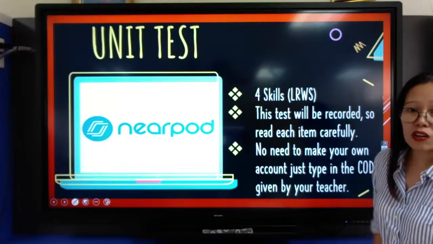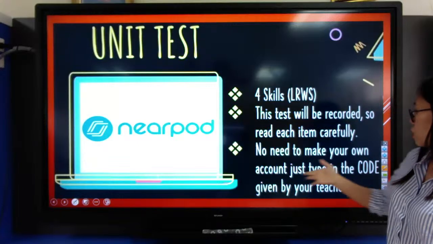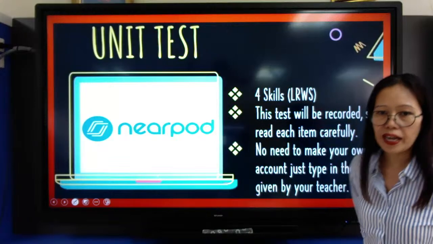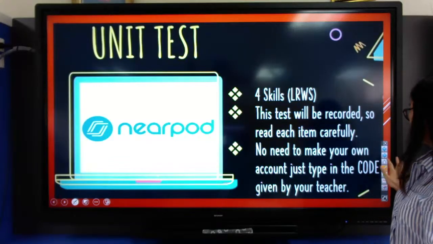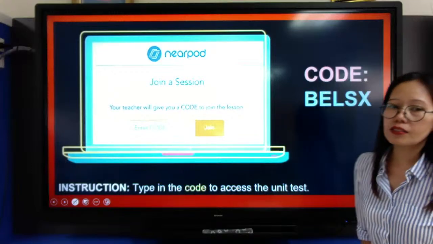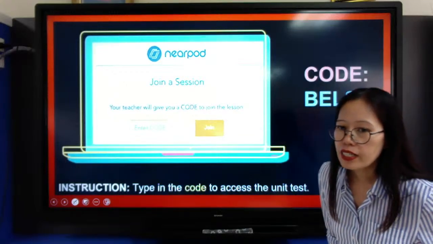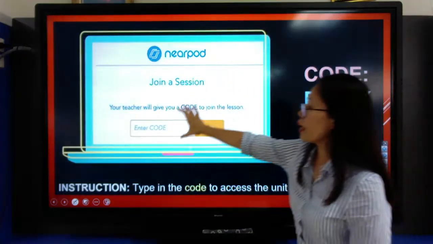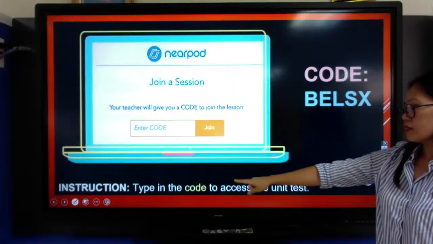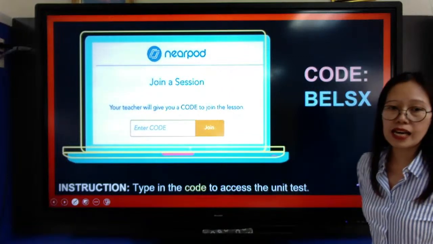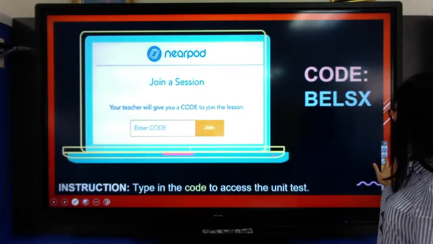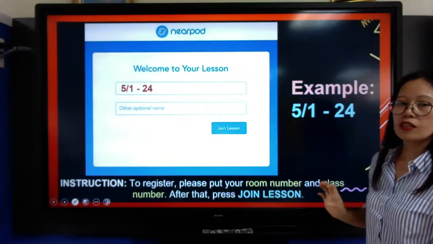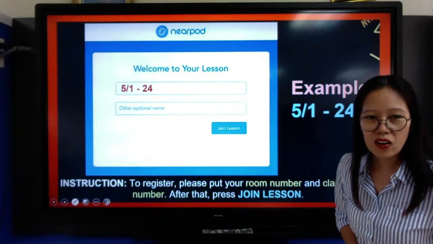No need to make your own account. Just type the code that I'll be giving to you. Remember Nearpad. For example, if this is the code, just put the code there and then join. Type the code to access the unit test, and then press join course. Please be guided accordingly.